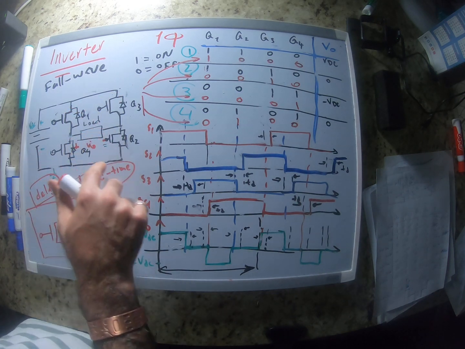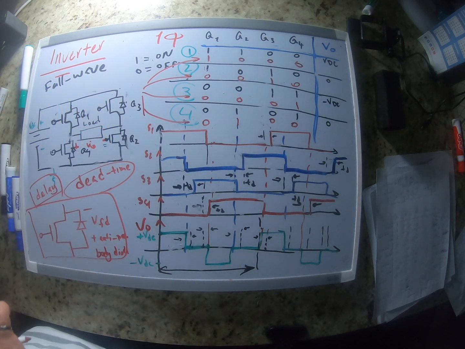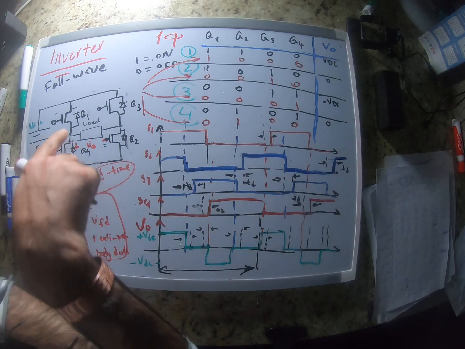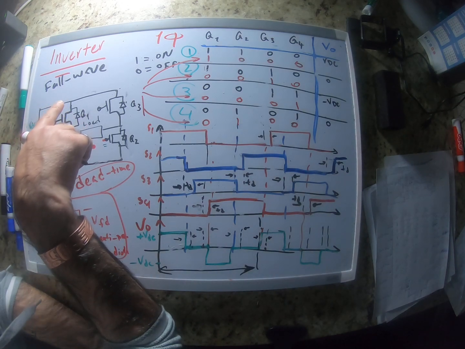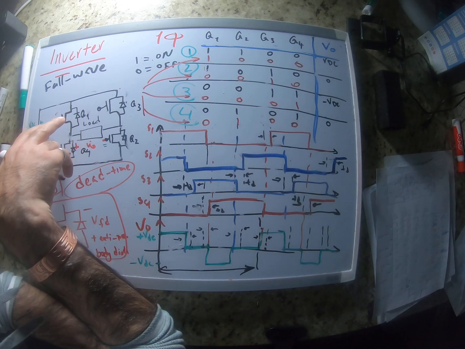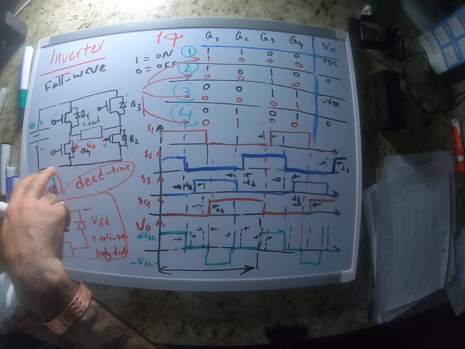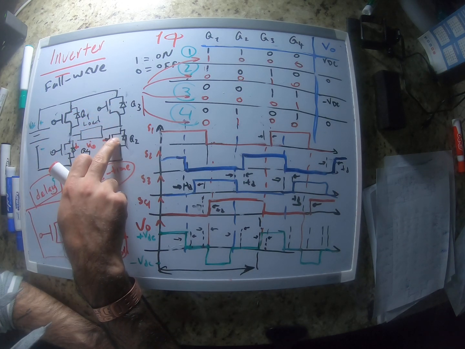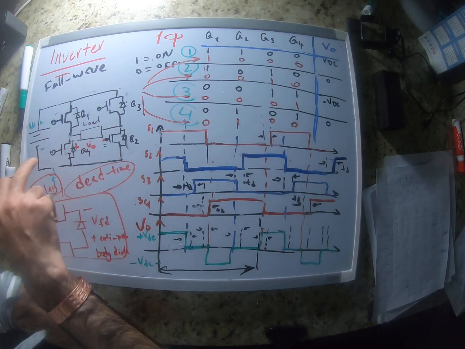The current might be going the other way based on the load that you have. Now, what we did is we kept this switch on, but everything else is off. These switches are off.